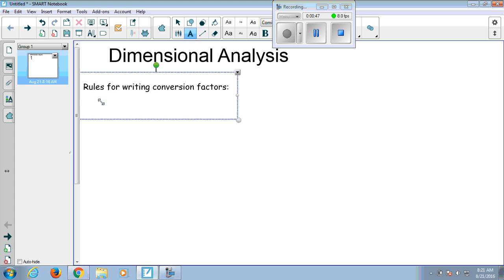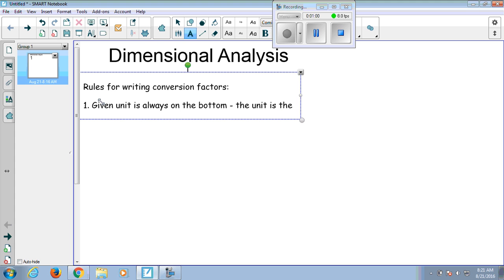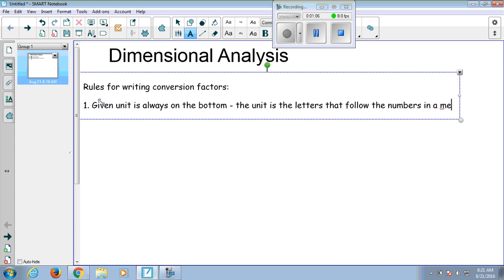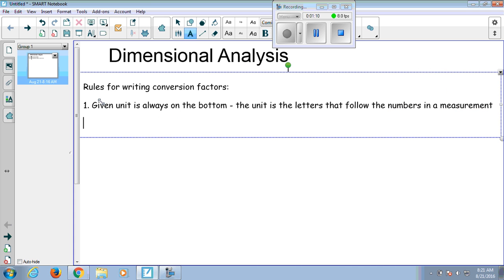The first rule is that your given unit is always going to be on the bottom. Now remember, the unit refers to the letters that follow the number in a measurement. The given unit is your starting point.